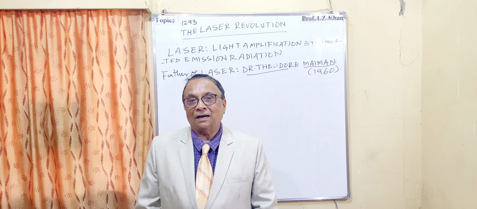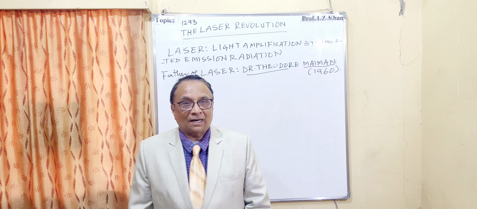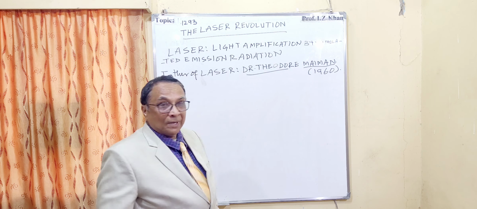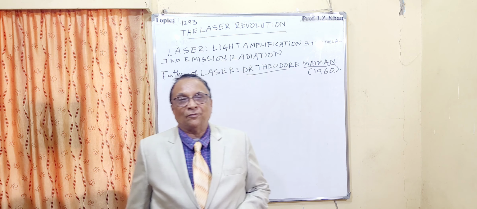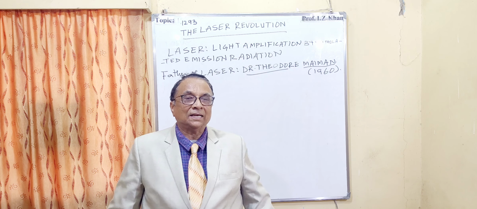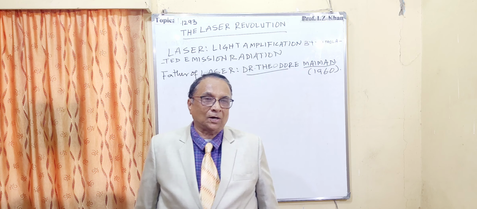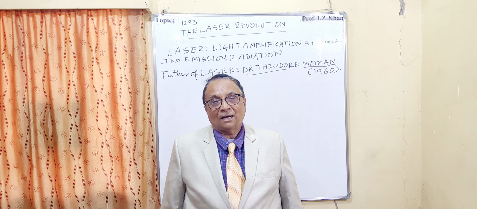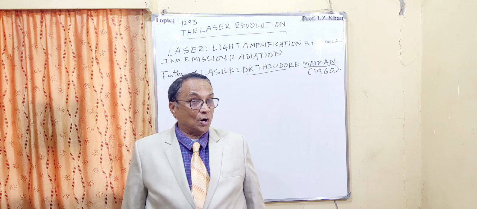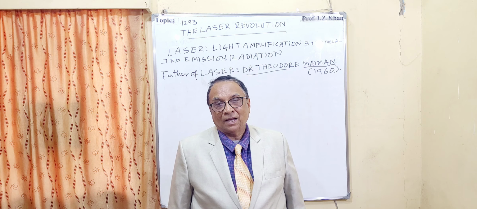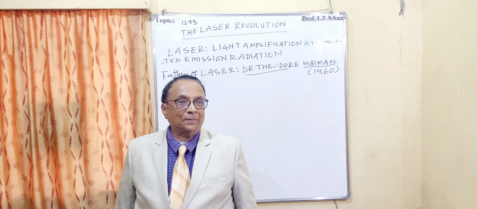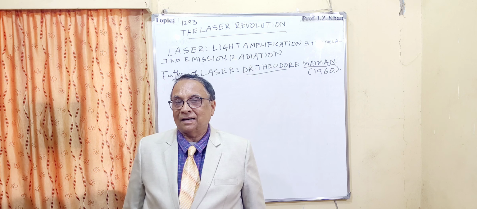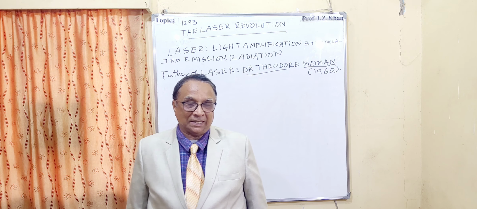The father of the laser is Dr. Theodore Maiman. Dr. Maiman was working in a laboratory in California, and he developed the ruby laser. After that, when our astronauts landed on the moon, while coming back they left a reflector on the moon to receive the radiation.